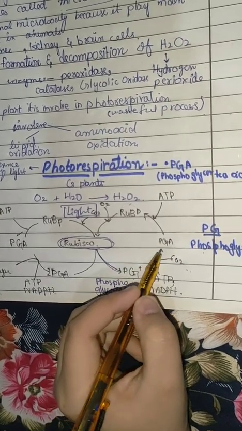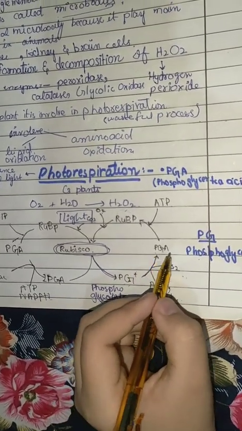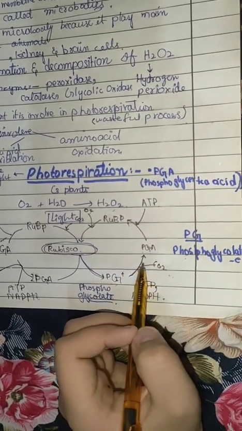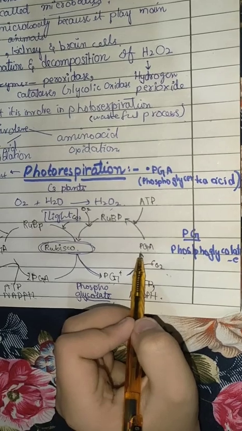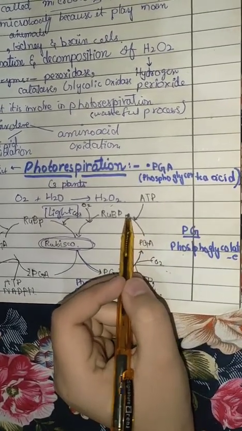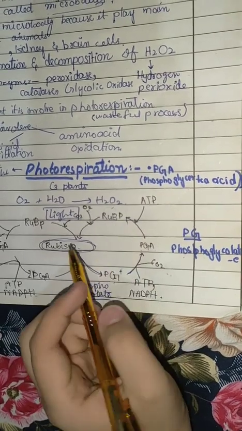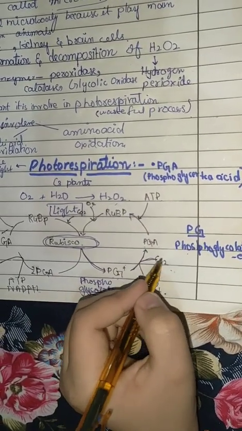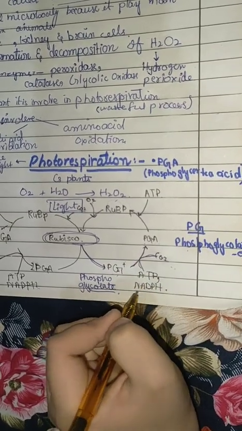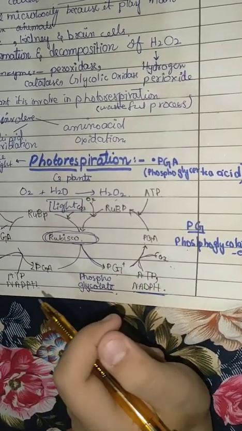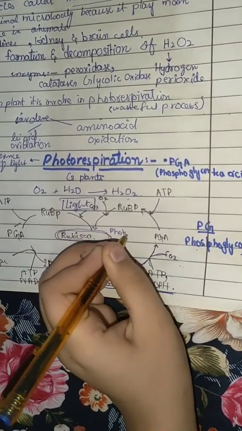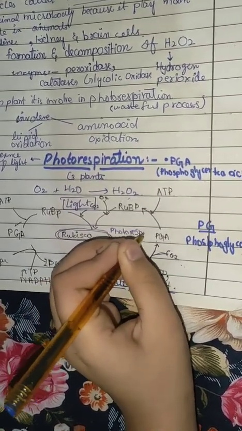Then phosphoglycolate is converted into PGA, phosphoglycerate. Then it goes through the cycle again. From this, CO2 is released and ATP and NADPH are used. So this process is known as photorespiration.